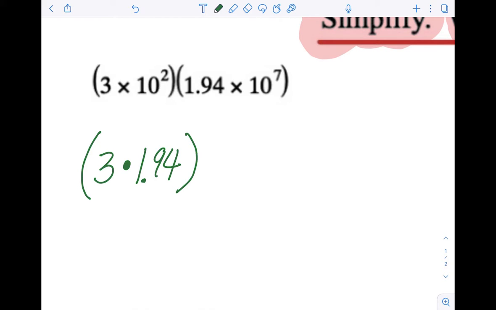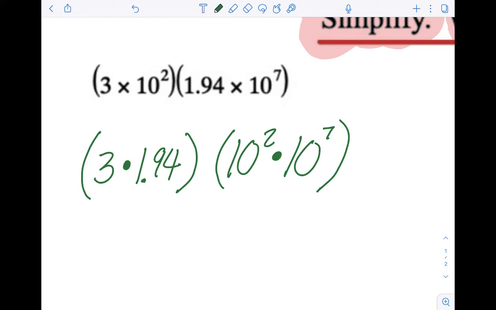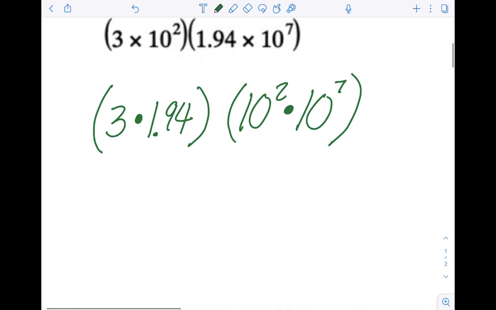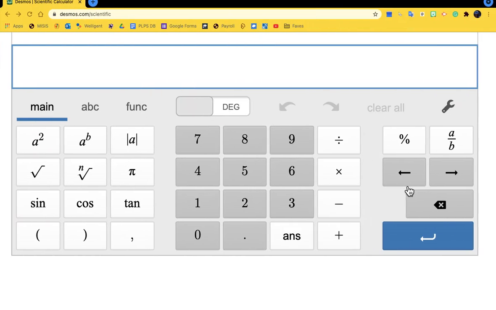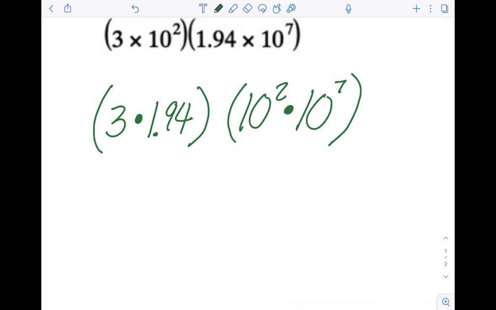Then we're going to multiply 10 to the exponent times 10 to the exponent, so 10 to the power of 2 times 10 to the power of 7. So for 3 times 1.94, I'm going to use my calculator right here. 3 times 1.94, I get 5.82. Okay?